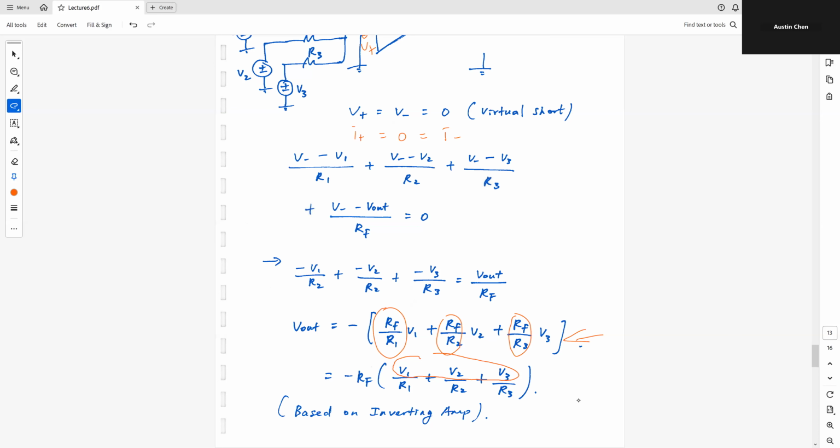But in a way, we have some fraction of V1 plus some fraction of V2 plus some fraction of V3, giving rise to this summing action. The negative sign that we have over here is not surprising, because the entire topology is based on the inverting amplifier.